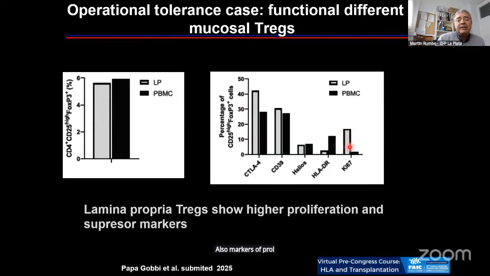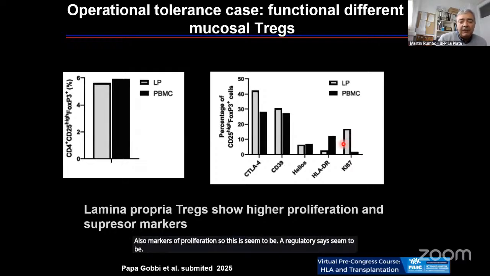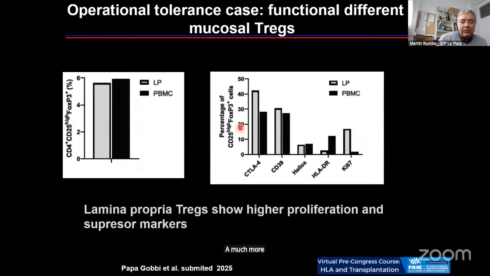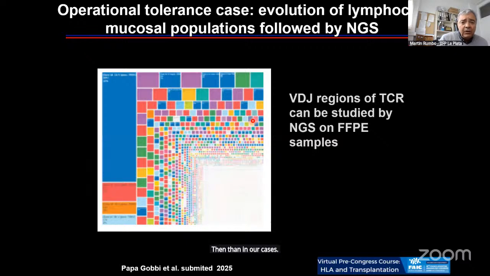So these regulatory T cells seem to be much more proliferative and functionally more proficient than in other cases.